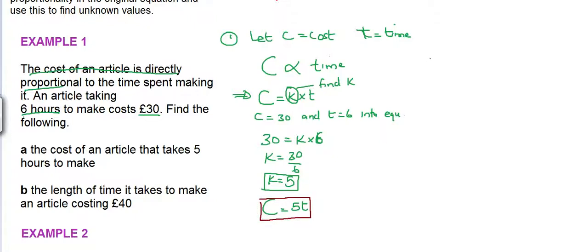So part A says we're given t equals 5, find C. So C equals 5 times 5, C equals 25 quid. It's how much it costs to make an article lasting 5 hours.